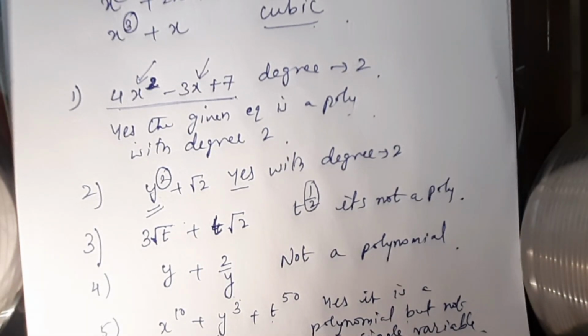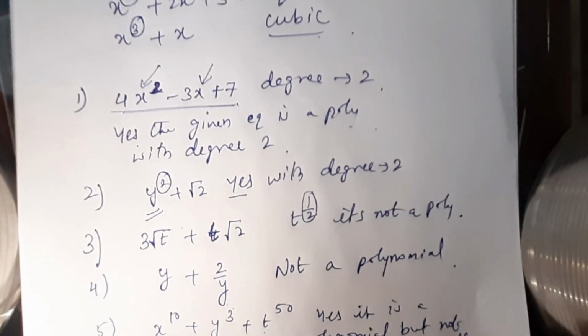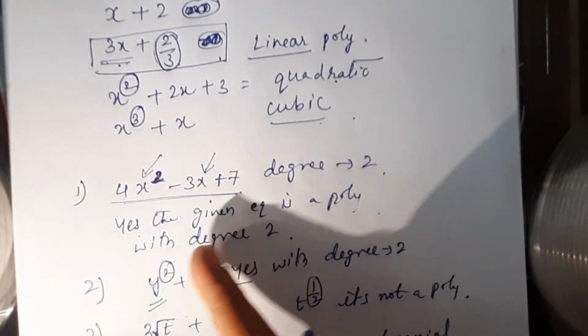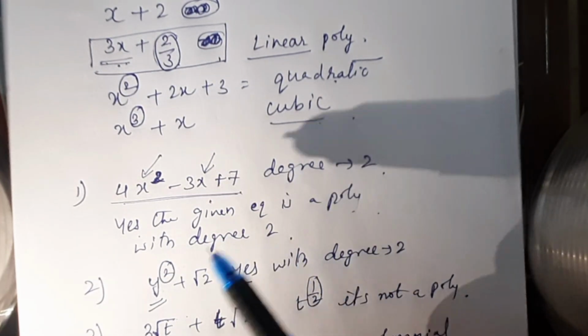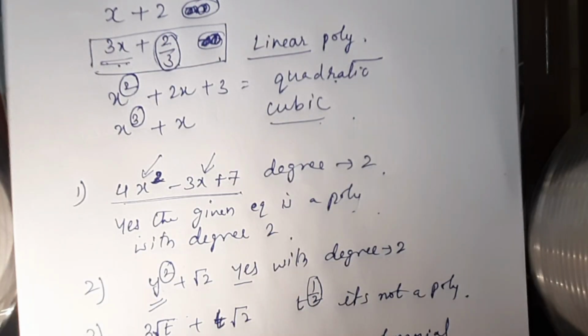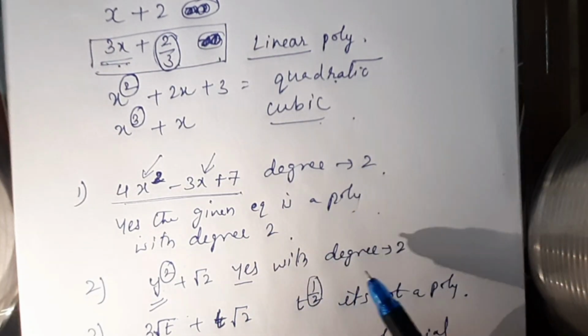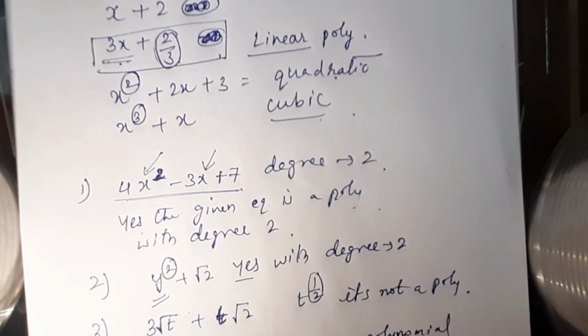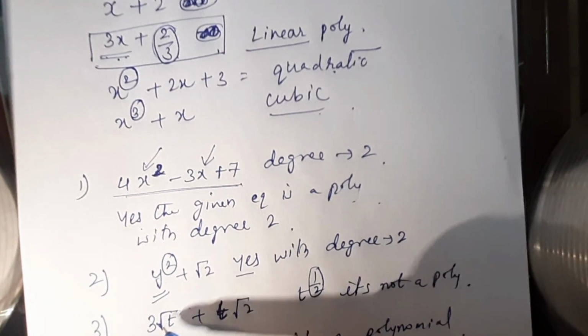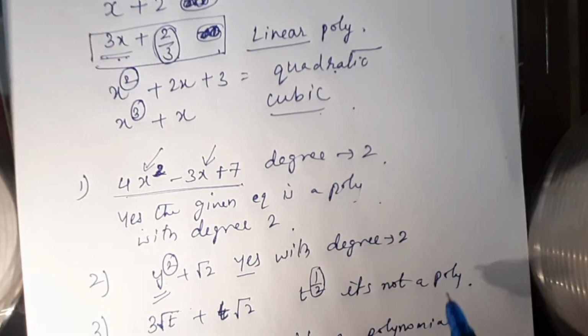Now let's start with the second question. The first question is quite easy, which they will ask in MCQs only. Here they will give an equation and ask whether it is polynomial or not. To make any equation polynomial, we need to see whether the alphabets are in root or in the denominator. If these two conditions are there, it is not a polynomial.